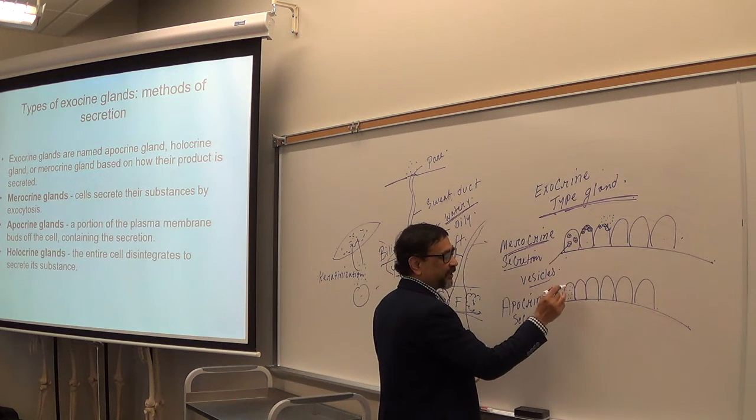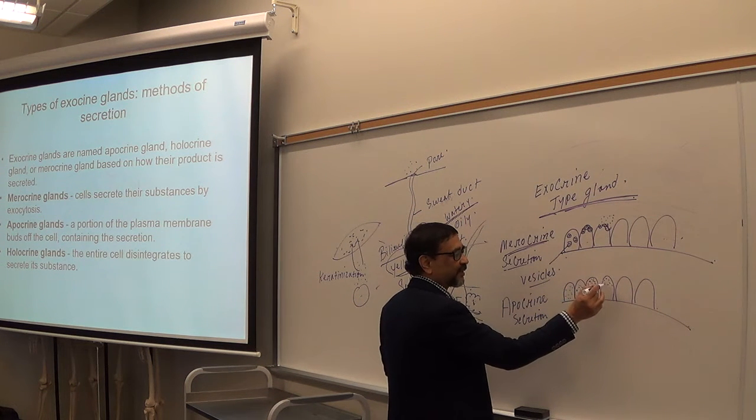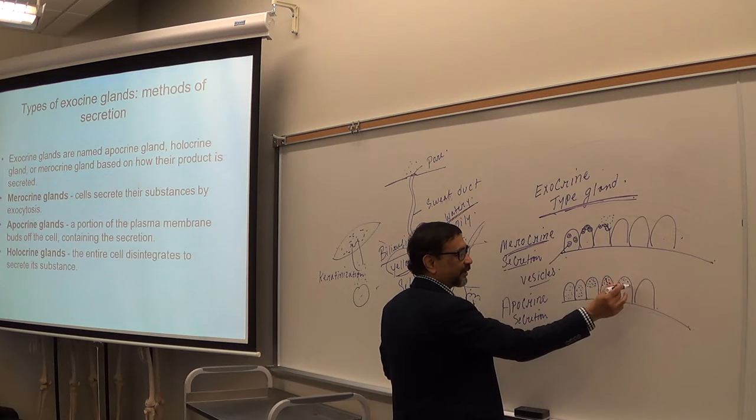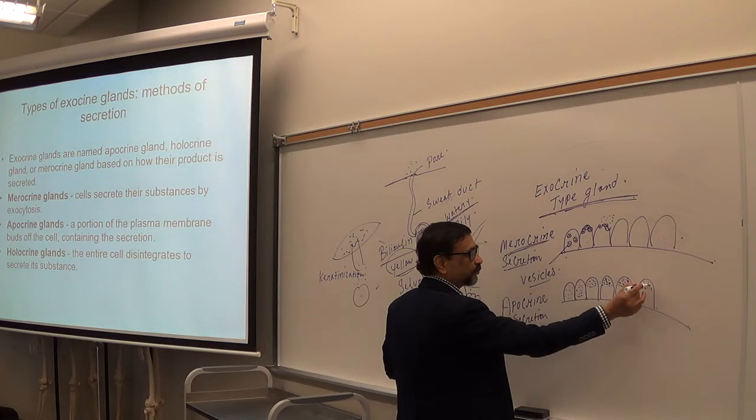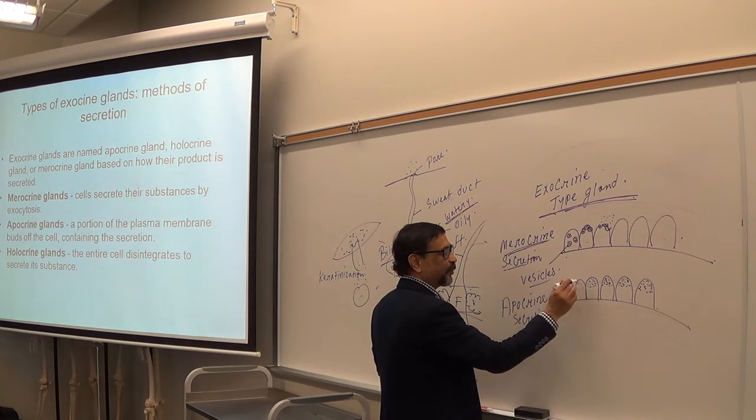Chemicals are produced inside these cells, and then what happens? These chemicals move to the upper portion of the cells and accumulate at the upper end. So the chemicals move to the upper ends.